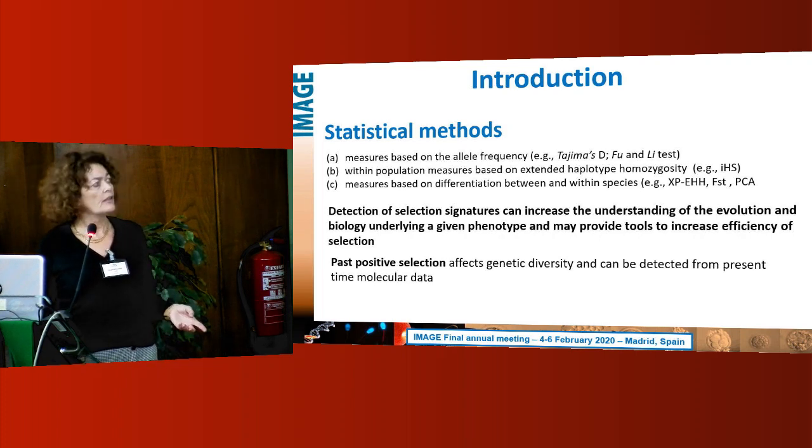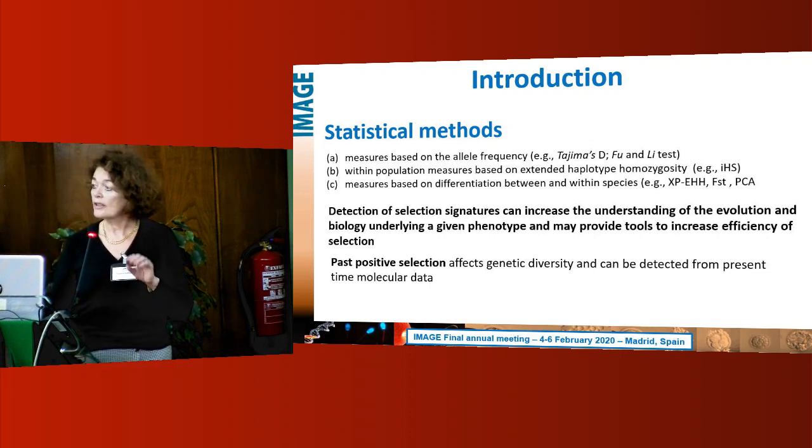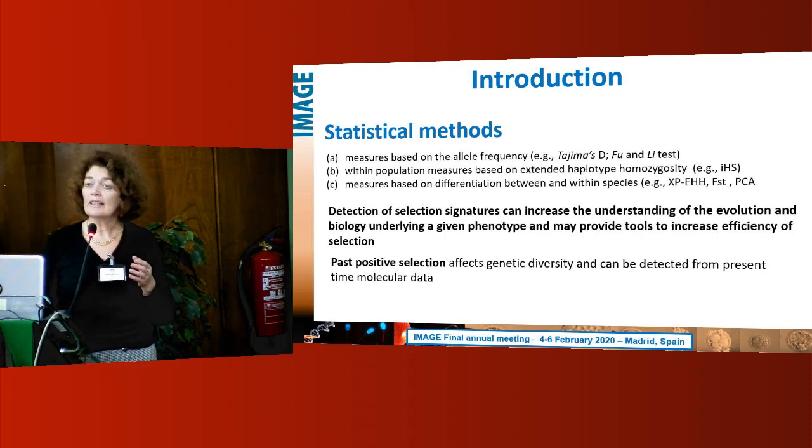Past positive selection affects genetic diversity and can be detected from present day samples. So usually what we do is to analyze present day animals or samples and to detect the past positive selection patterns, which can be very old.